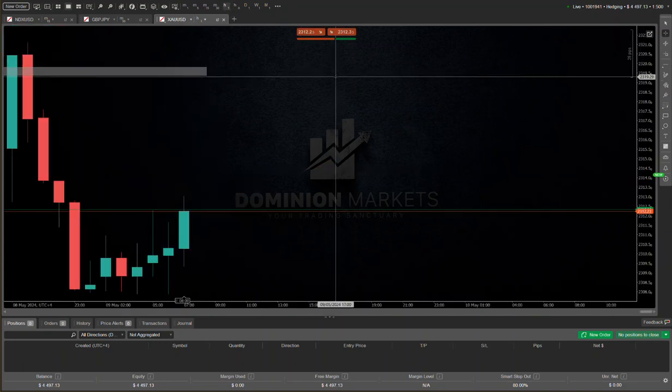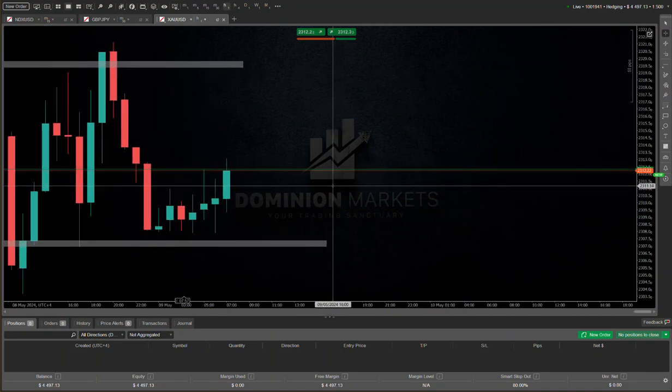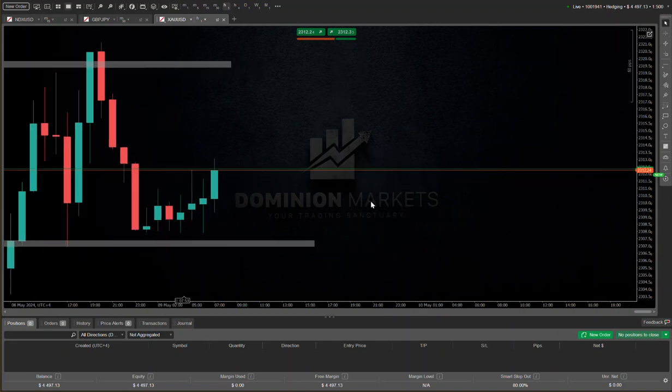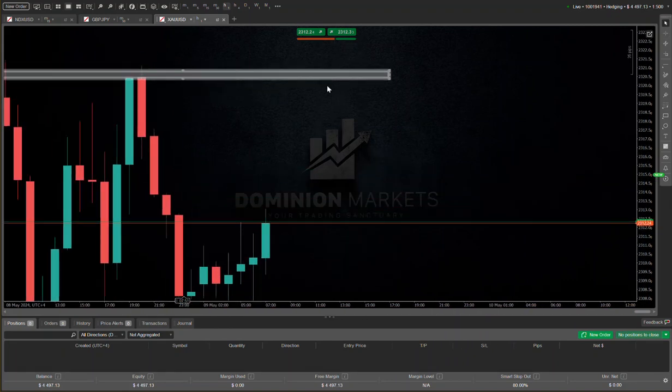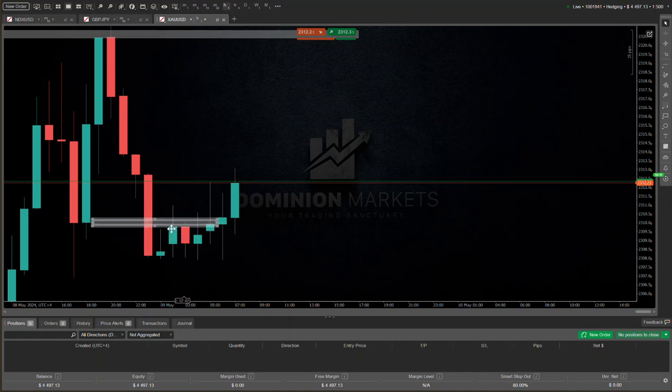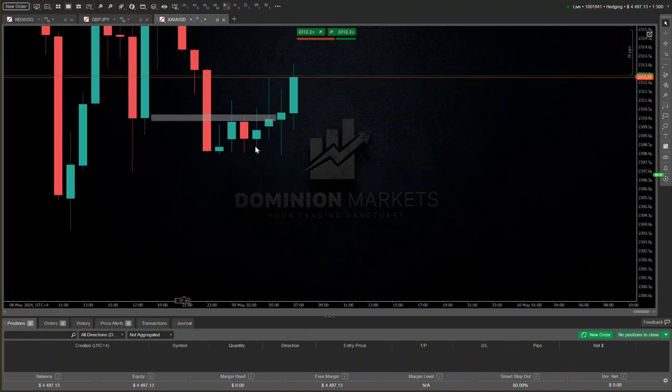So looking at the 1 hour, now we're going to move into the session trend. In this scenario, we can see how price came down, so the session trend was bearish. We had to create resistance, which was created right here, for price to move bearish, but we created support, right?